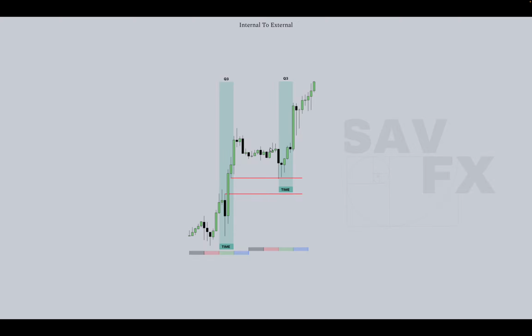And by the time the AM session begins, what does price do? Price reacts off a Q3 imbalance within Q3 to continue the order flow. It's as simple as that. The skill set is when you learn to identify these things when they are in play, if that makes sense. But yeah, guys, this is just the base introduction of what internal to external profiles are.